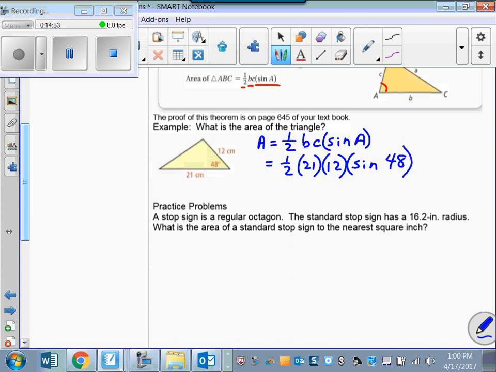When I punch all that in, it didn't say what to round it to, so we'll just round it to the nearest hundredth. I get 93.64 square centimeters. Wonderful formula to remember.